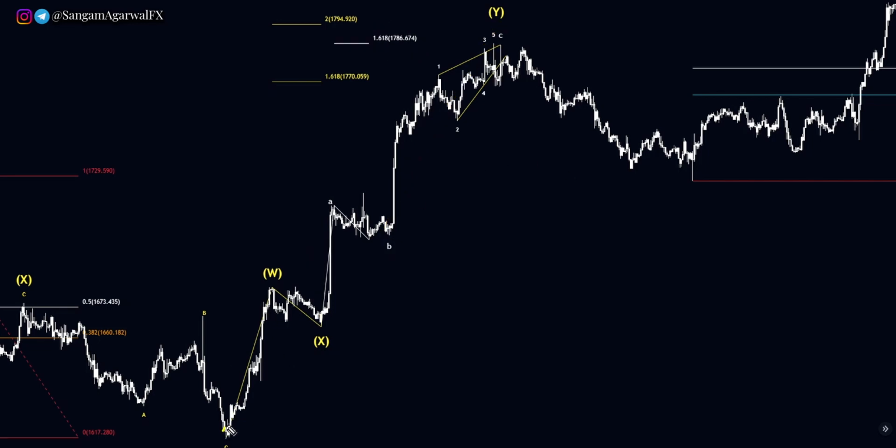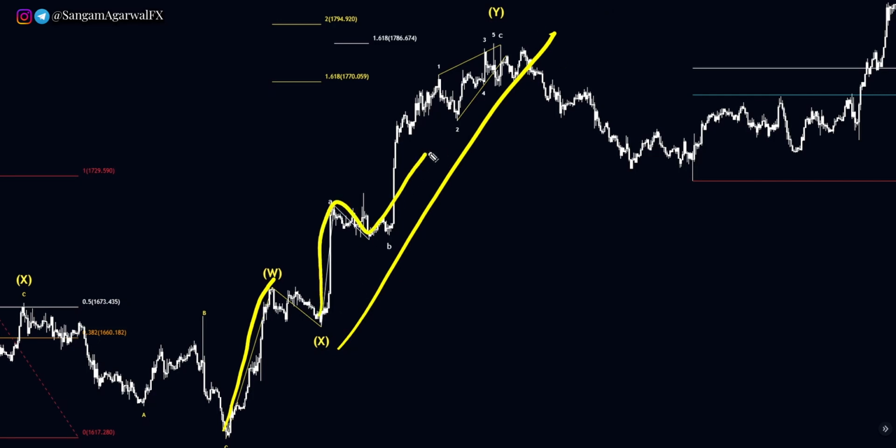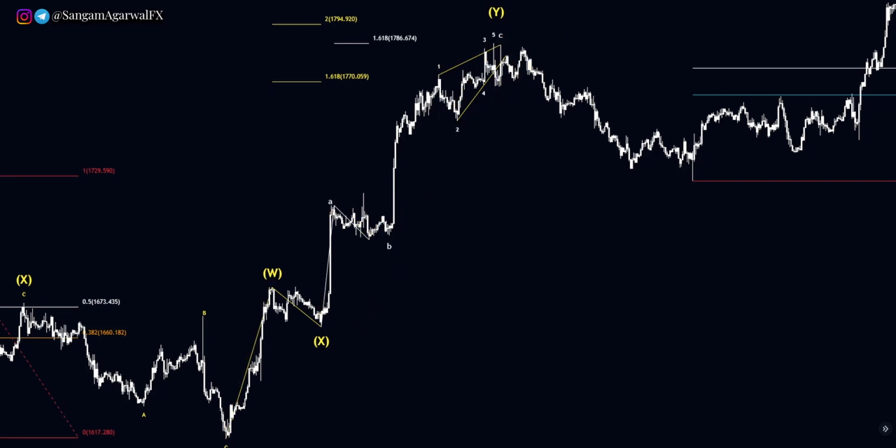And from the bottom, wave Y is subdivided into ABC, and wave C is making an ending diagonal chart pattern. So from bottom to top, that was an overextended bullish trend, and with the fib ratio we get confirmation that this is your top.